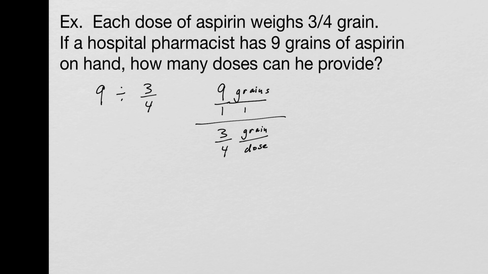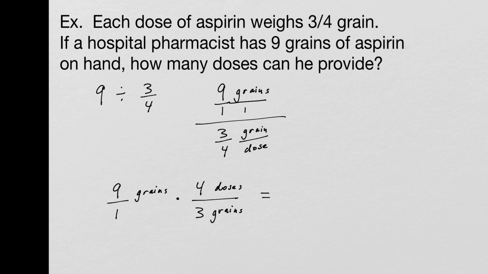So if I want to divide those, then remember the first fraction stays the same, as well as the units. So this will be 9 over 1 grains times, and I have to flip the second fraction, the divisor, as well as flipping the units. So this is 4, you can think of it as doses over 3 grains. Right, the units also flip.